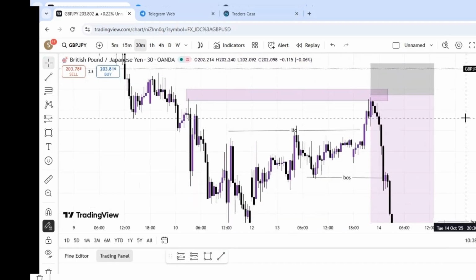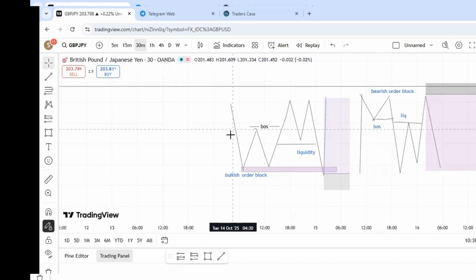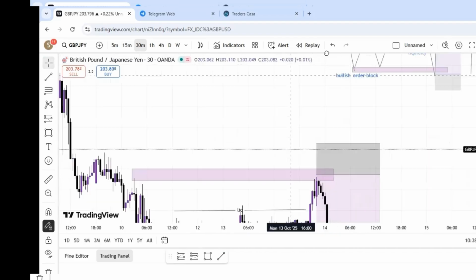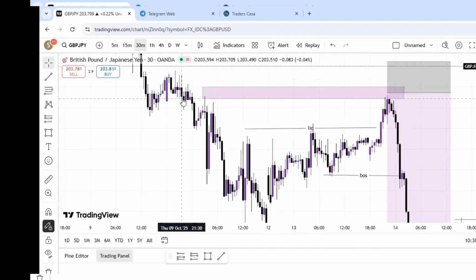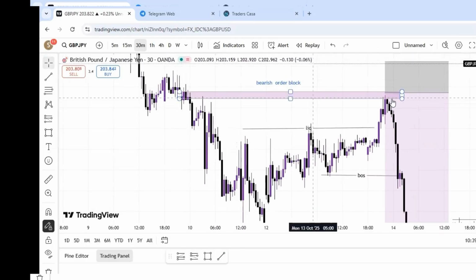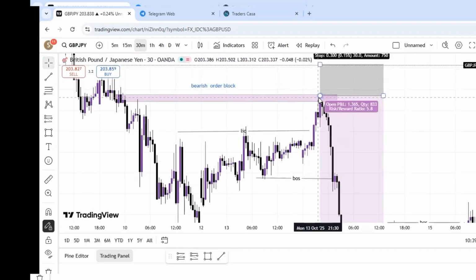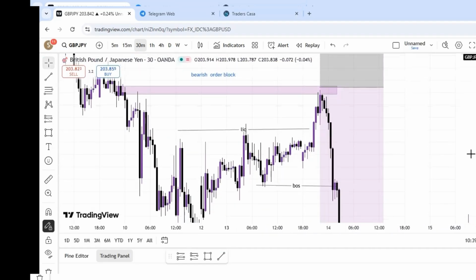You can see exactly what I explained is what I drew here. Order block. This is a bearish order block because it's a sell. A bearish order block, liquidity, break of structure, and this was where I waited for another sell, which was here.